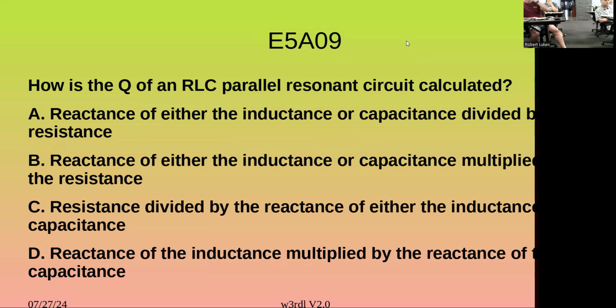How is the Q of an RLC parallel resonant circuit calculated? Parallel circuit. You just have to remember which formula.